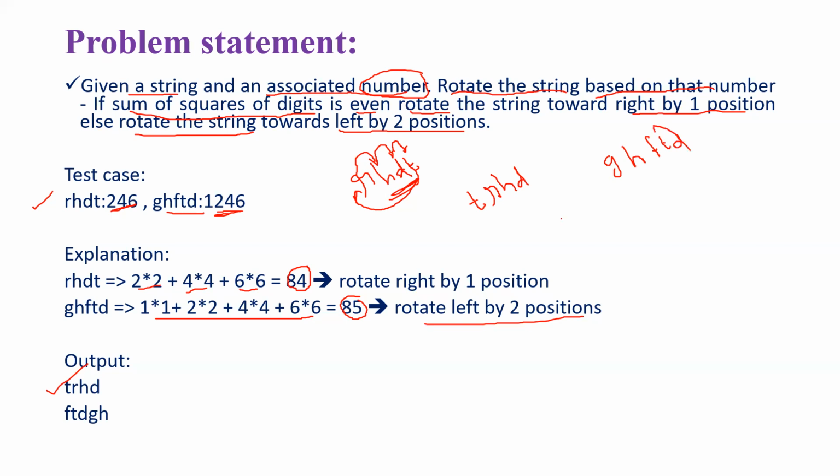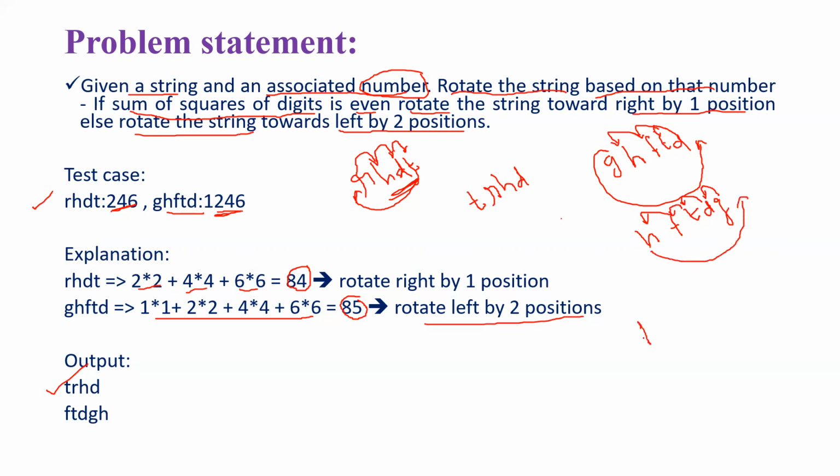First I will perform it one time. This character will be here, this character will be here, this character will be here, and G will come here, which means we will get the string as H, F, T, D and G. Now I will perform the left shift once again. This will be here, this will be here, this character will be here, this character will be here, and H will go here.